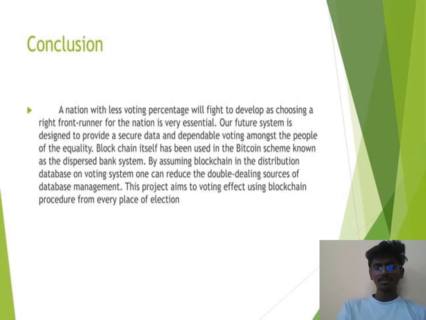By adopting blockchain in the distributed database and voting system, one can reduce the cheating sources of database management. This project aims at a voting system using blockchain procedure from every place of the election.